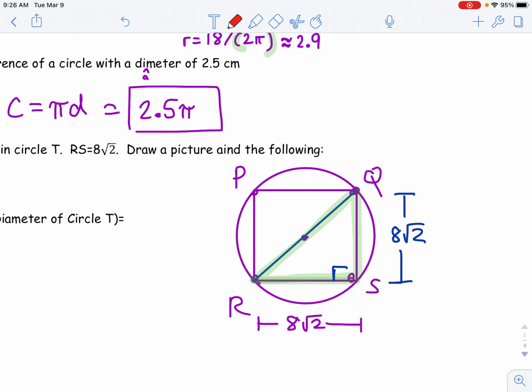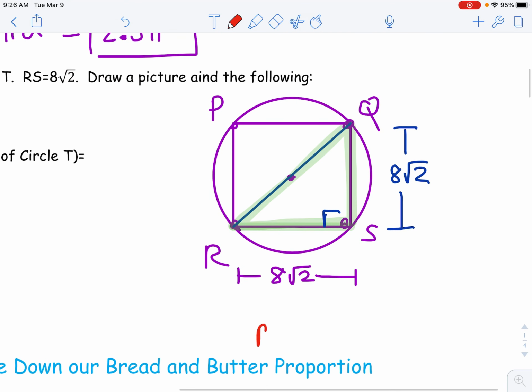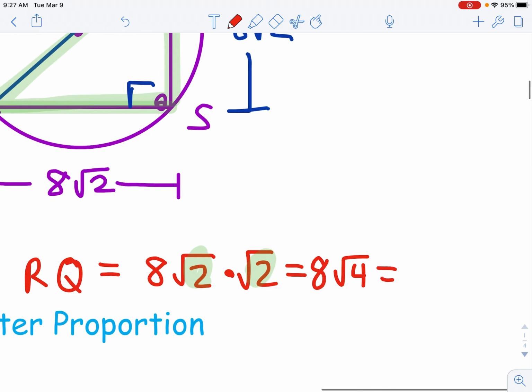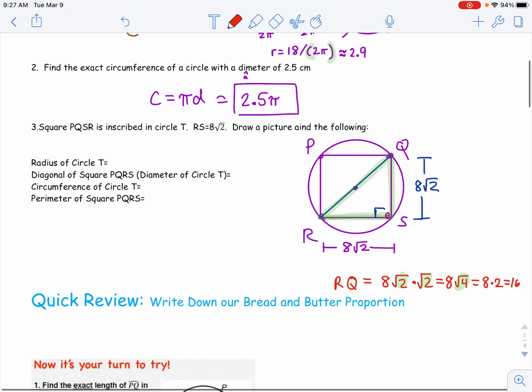So using properties of special rights, let's say RQ is 8 radical 2 times radical 2. Remember, radical 2 times radical 2, and we get 8 radical 4. And then something we struggle with: radical 4 simplifies to regular 2. So it's 16.